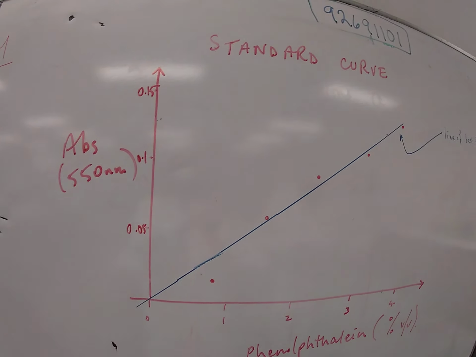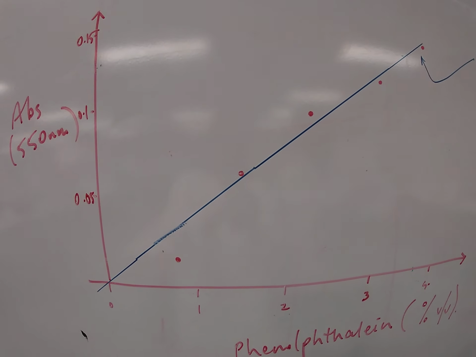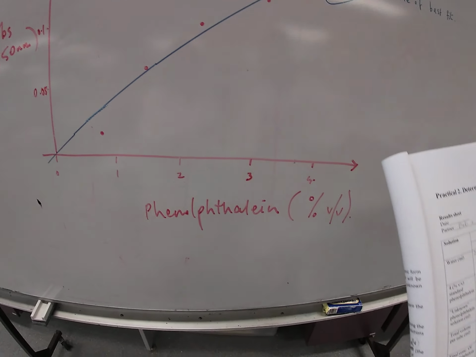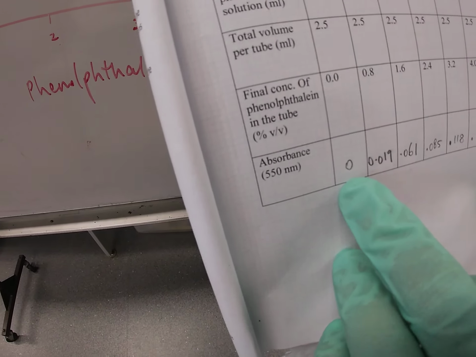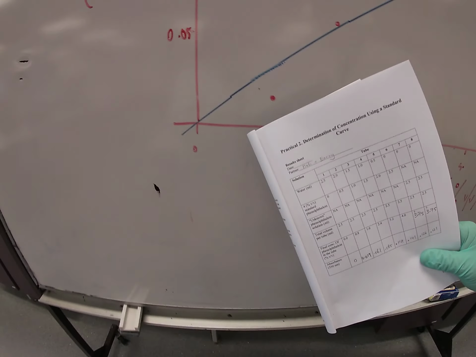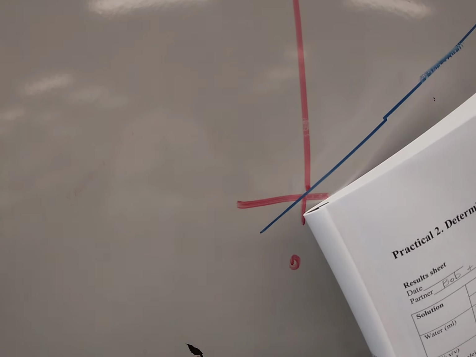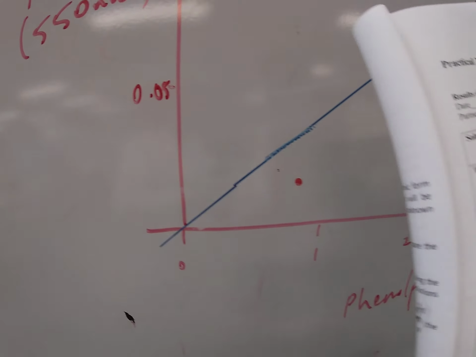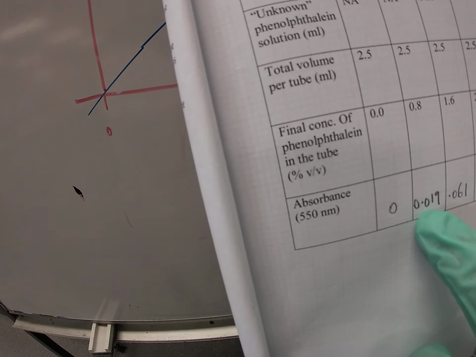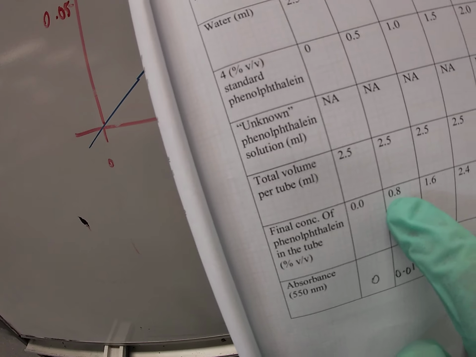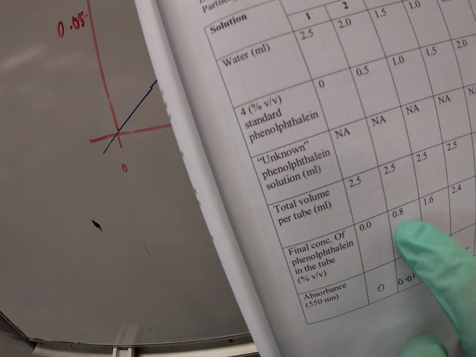Now let's look at what Bob's done here. He has taken the first result. Test tube number 1 gives us an absorbance reading of 0, which is actually on the origin, at this point here. Test tube number 2 has an absorbance reading of 0.019 at a final concentration, in this case, of 0.8% phenolphthalein.